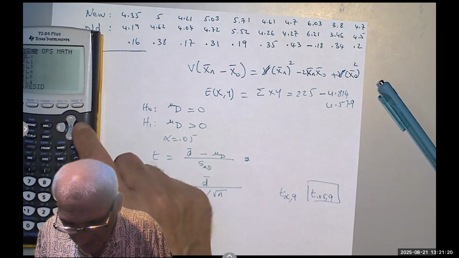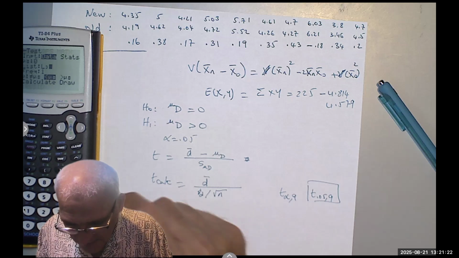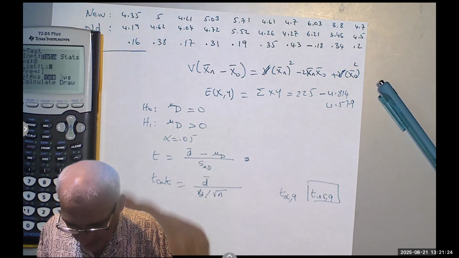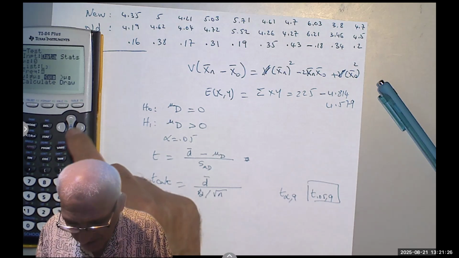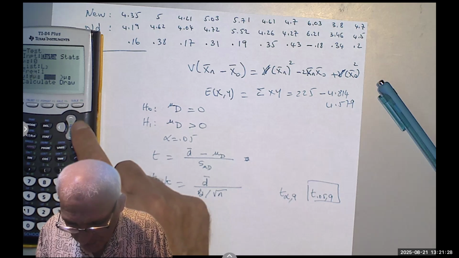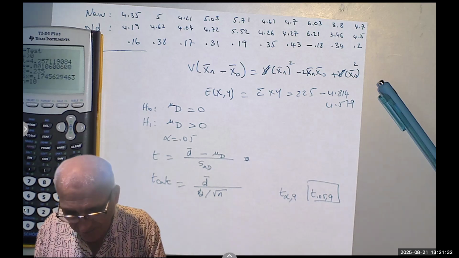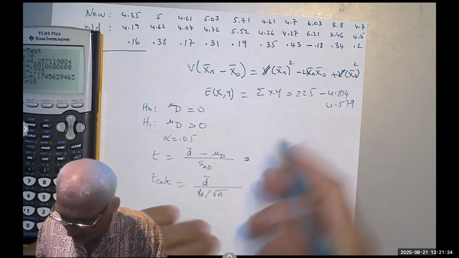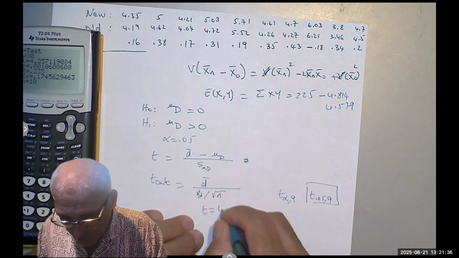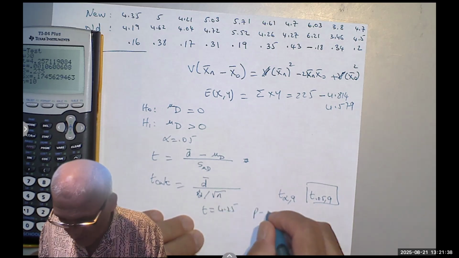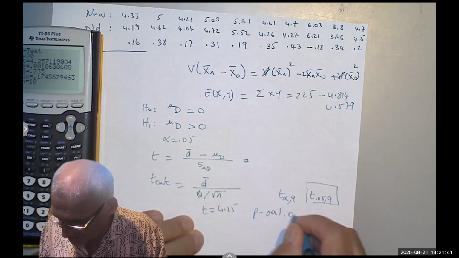So I'm going to say the list is L3. Frequency is 1. I want to check whether mu is greater than 0, and let's calculate that. So I get t equals 4.25. The p-value is almost 0.001.